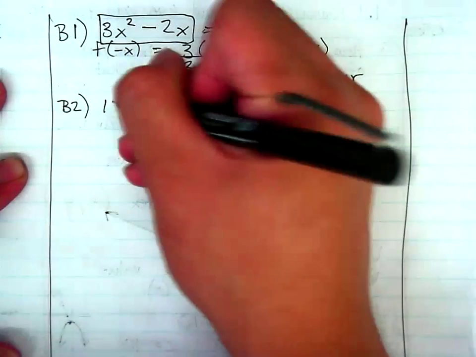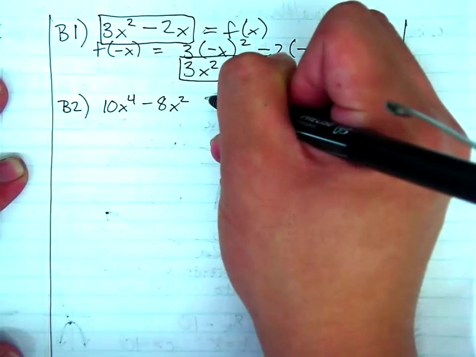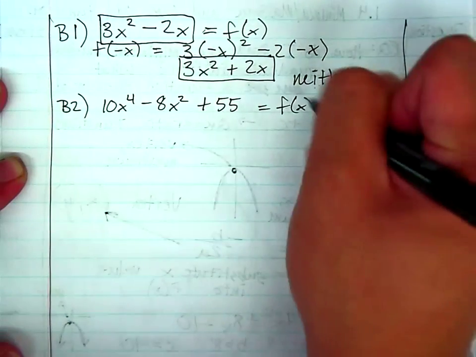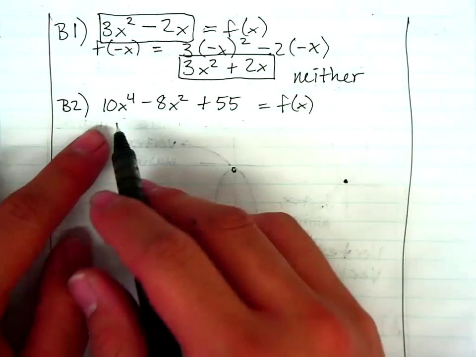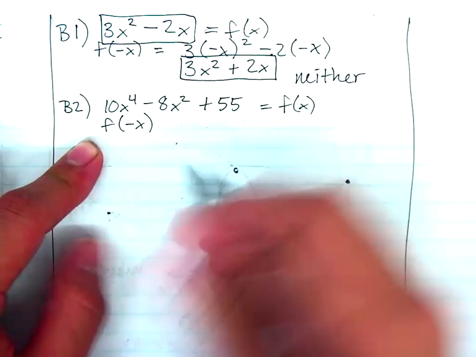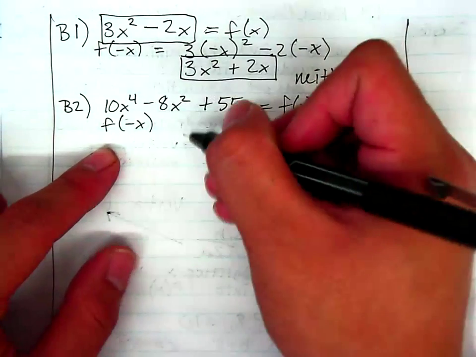where we have 10x to the 4th minus 8x squared plus 55 equals f of x. Okay. So with this one, I'm going to once again substitute in a negative x. This negative x helps me determine whether or not my functions are even or odd.